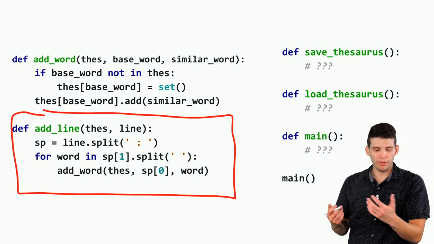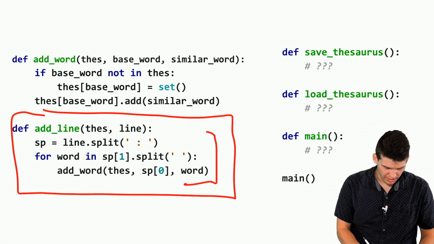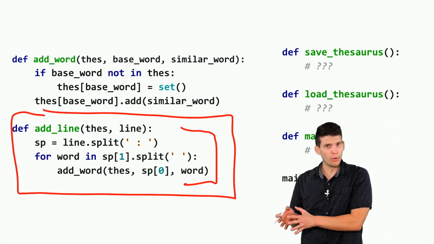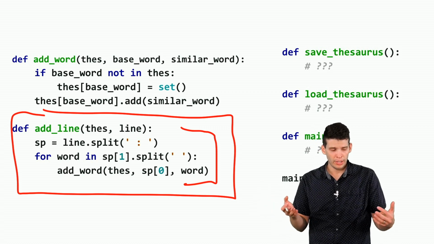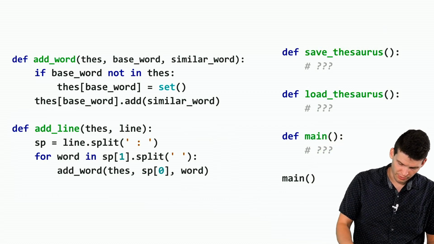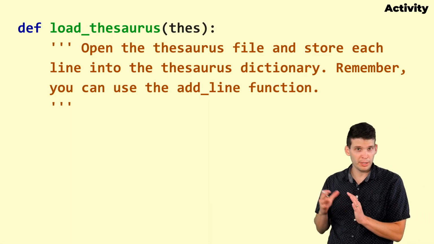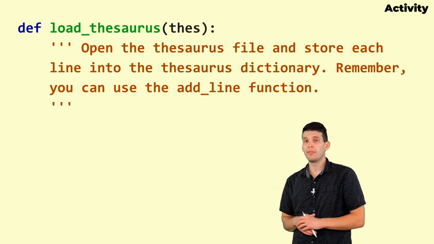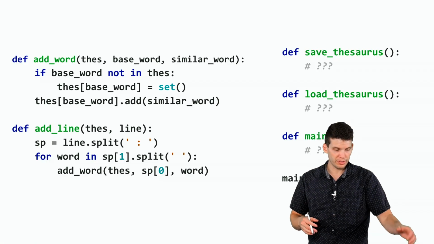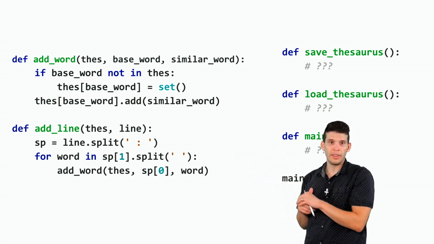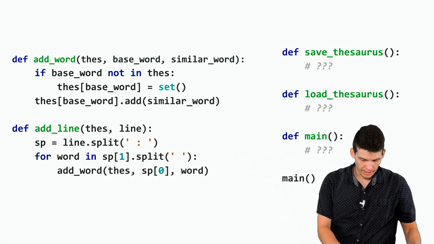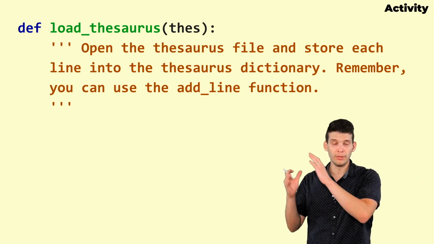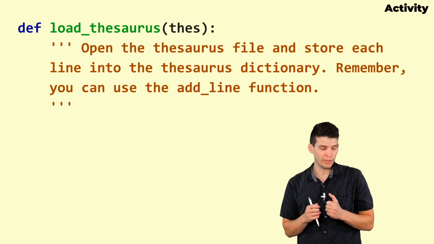So you already have a function that basically does the necessary processing for a line of the file. So this implementation for loading the Thesaurus could actually be fairly straightforward if you use that function correctly. So if you want to take a screenshot of that code, and then you can try to figure out the implementation for load Thesaurus.